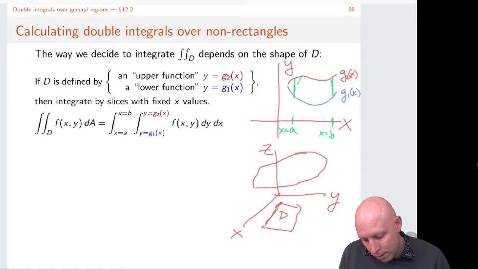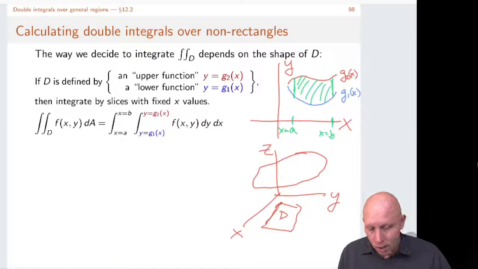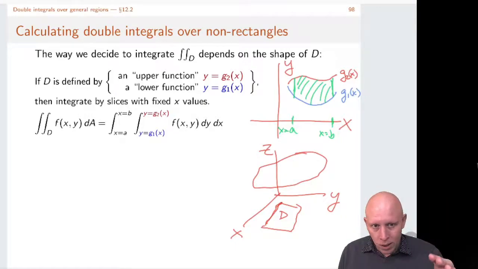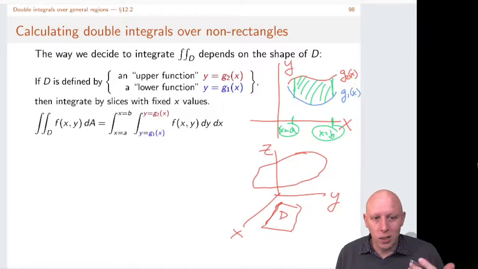And the region is defined to be everything that is between the upper function and the lower function, and within this range x equals a to x equals b. Sometimes you have to figure out what a and b are, because that might be places where the functions intersect, or it might be something else happening.